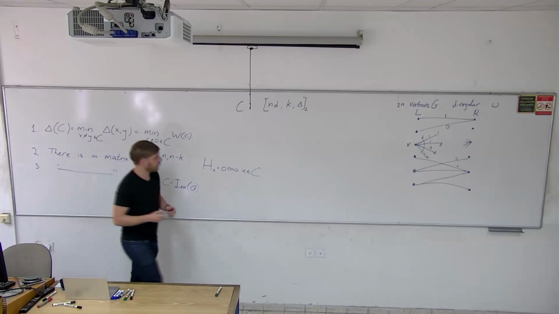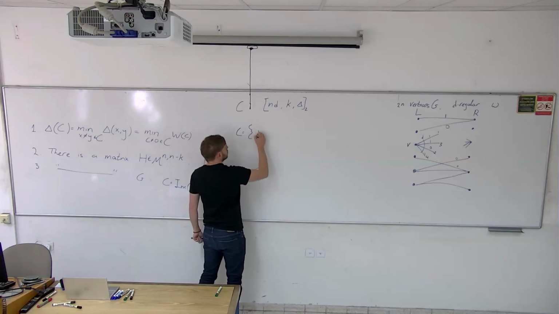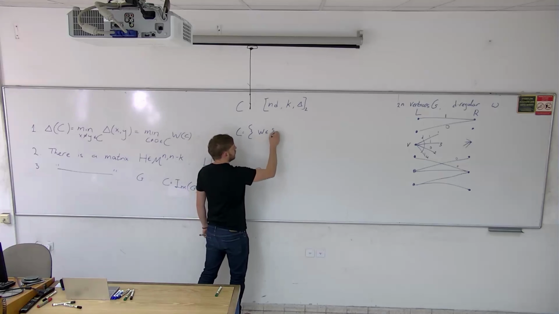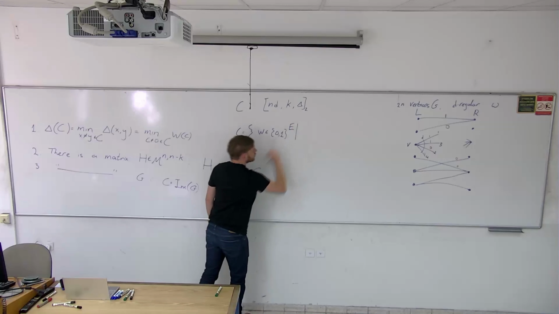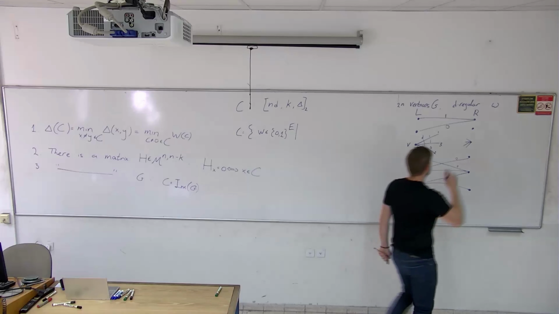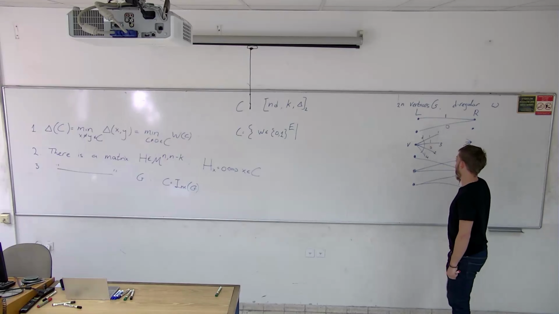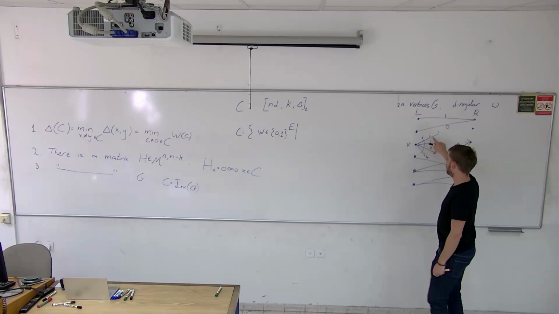So the words in the code are assignments of 0 and 1 to the edges. Now, each vertex has a constraint. Each vertex must see a code word.